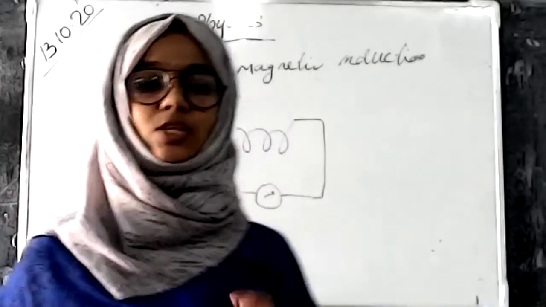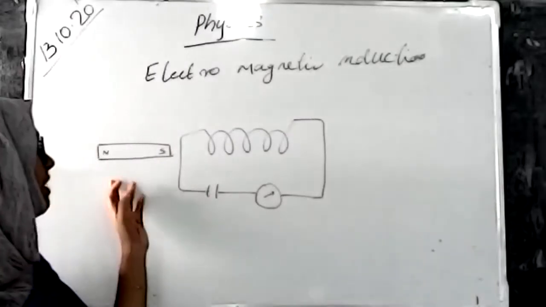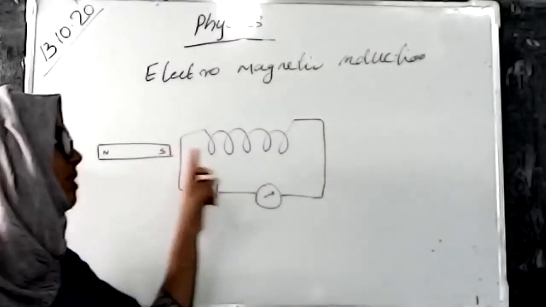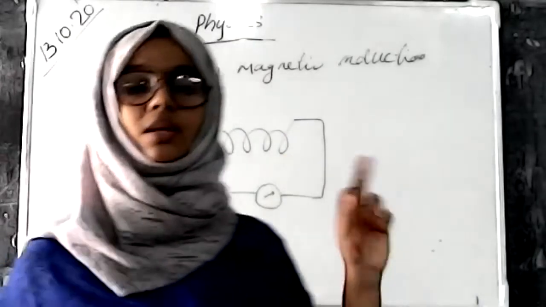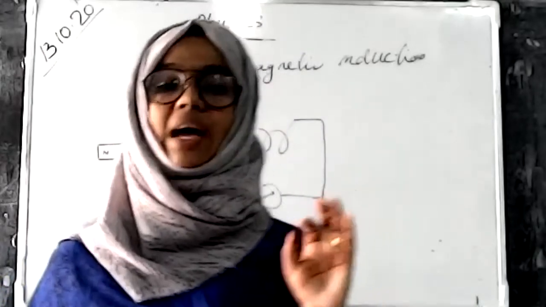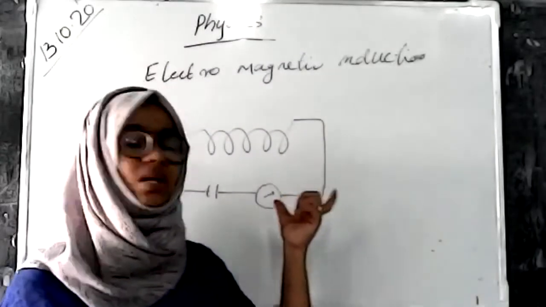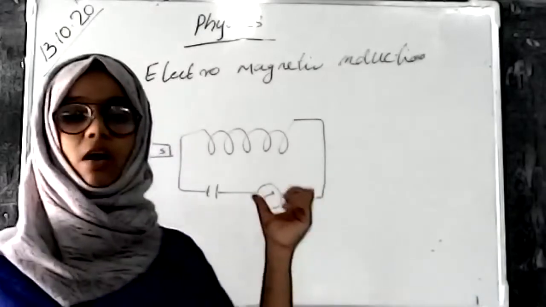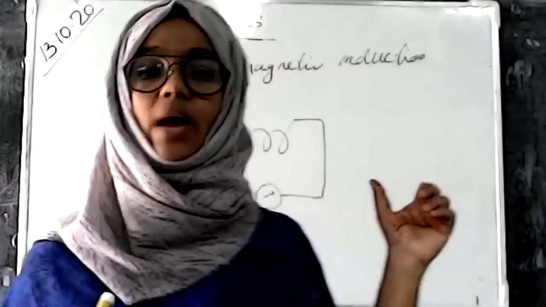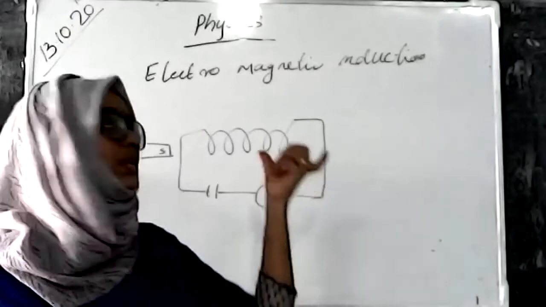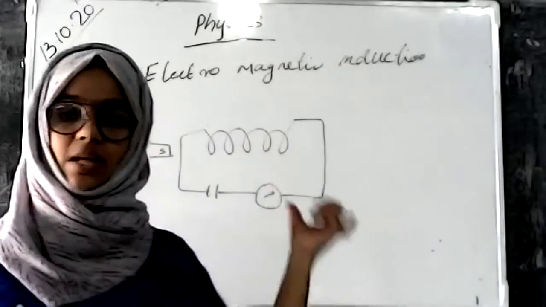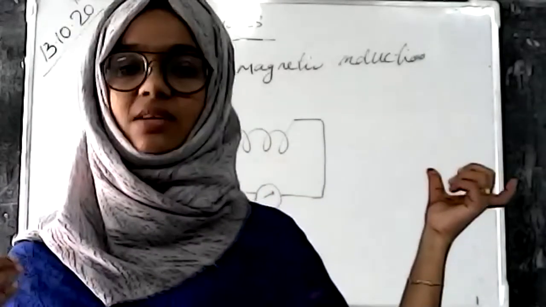What is electromagnetic induction? When we insert a bar magnet into a solenoid, there is a change of magnetic flux associated with the solenoid, because the solenoid is now an electromagnet. So the solenoid has magnetism, and it has magnetic flux.